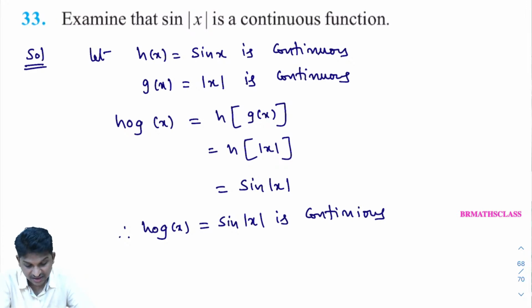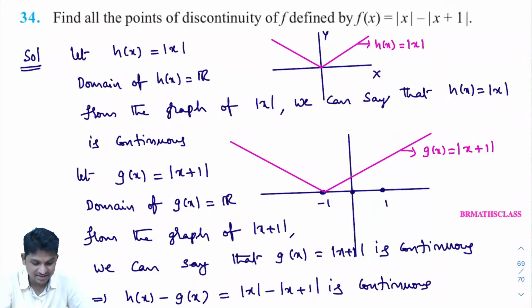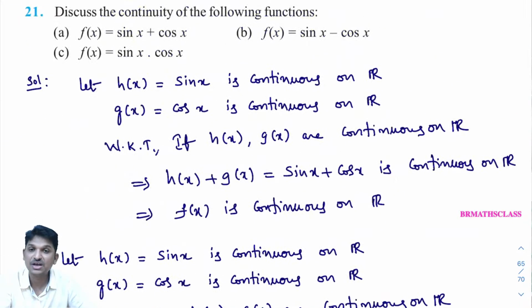They are asking to examine the continuity of this function, and I came to know that it is a continuous function. I hope you understand these problems, right? Today we did two types of problems. I hope you understand all those problems.